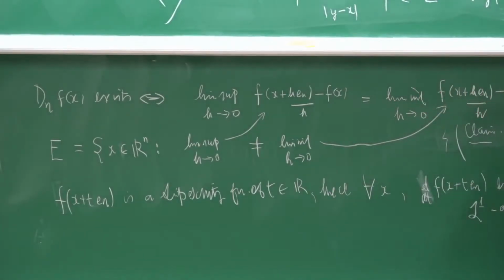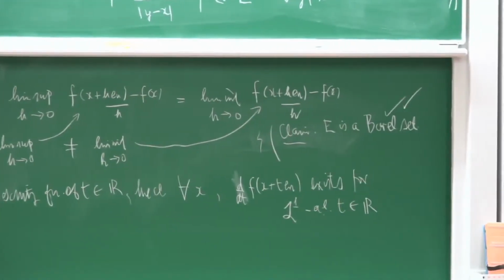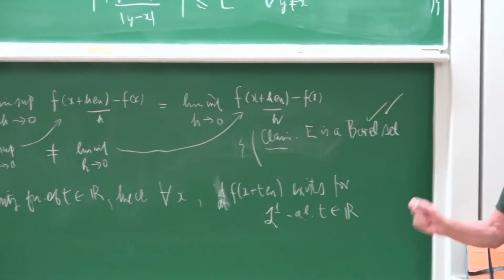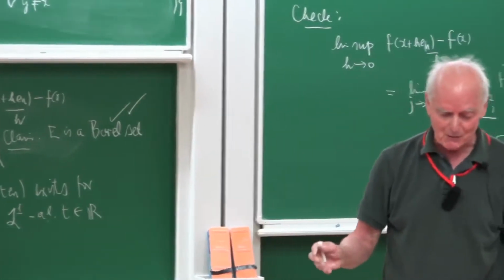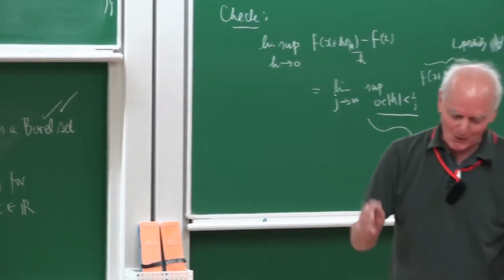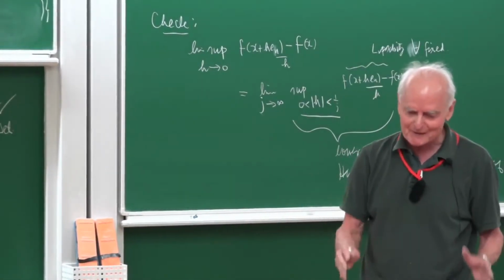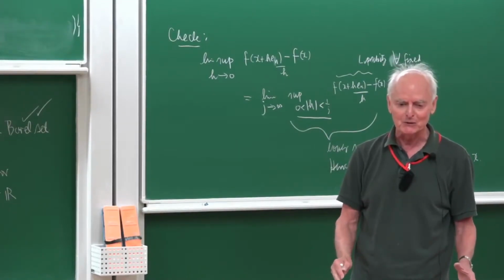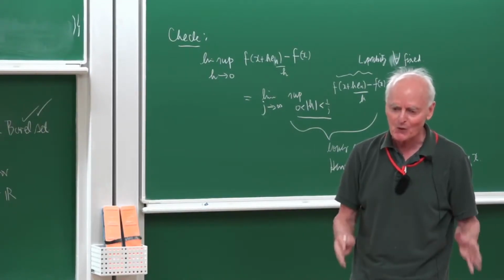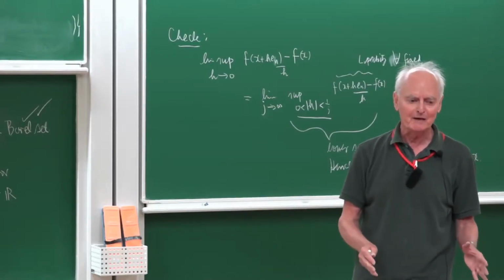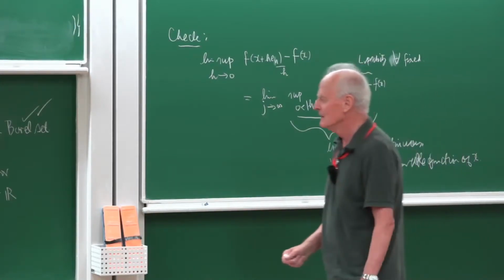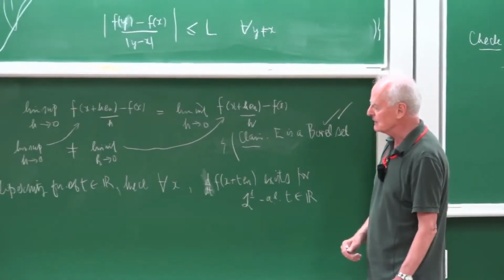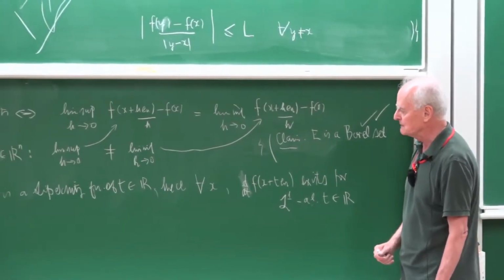We need that in a minute because we're going to use Fubini's theorem. And you must remember, if you want to use Fubini's theorem, you've got to have measurability of the set you're applying it to. Fubini's theorem is, of course, false if you don't have measurability of the set. But we have that here. We have even that it's a Borel set, so it's certainly a Lebesgue measurable set.